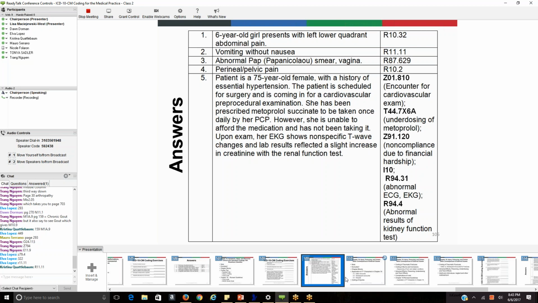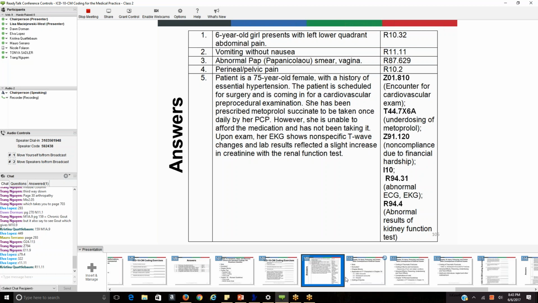Make sure you're reading the coding guidelines for ordering the codes, and you'll notice that the 2 R codes are at the very end: abnormal ECG and EKG, and abnormal results of kidney function test. Those are just, again, signs and symptoms. The encounter was for the cardiovascular exam, and then you had underdosing and so on and so forth.